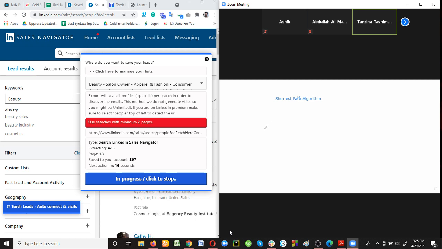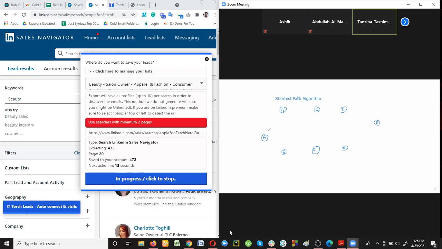So let me take a graph first. Suppose this is a graph with 8 nodes. The first one is A, then B, then C, D, and this is E, F, G, and the last one is H. So how many vertices are here? 8 vertices, right?